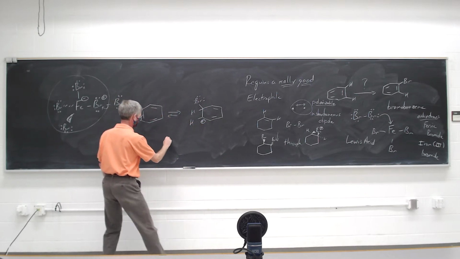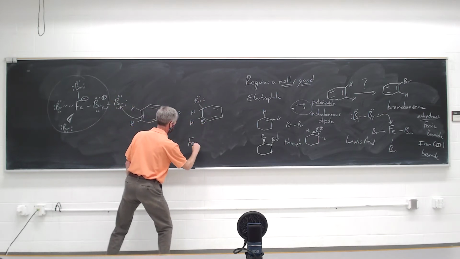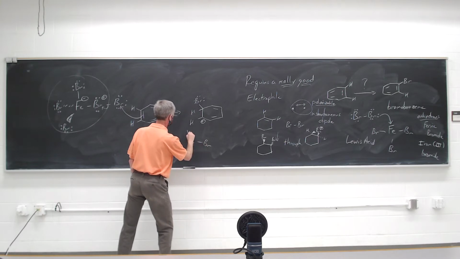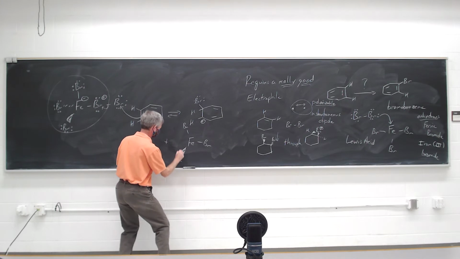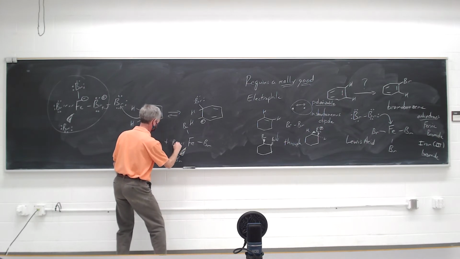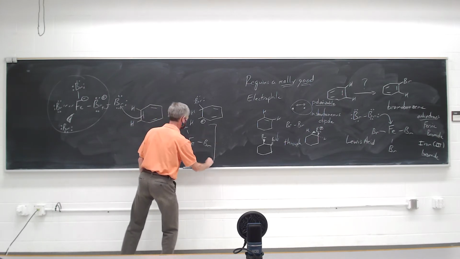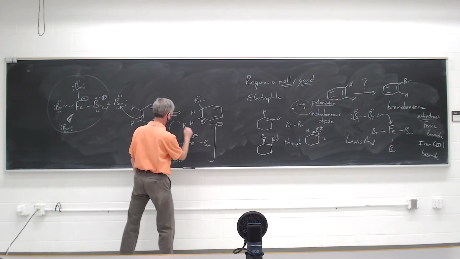And we also generate what looks like a stable tetrahedral complex ion, with a formal charge of minus on the iron.